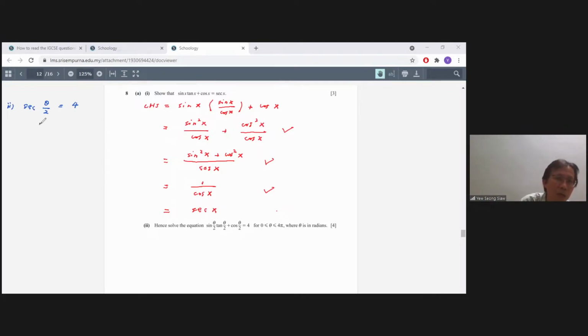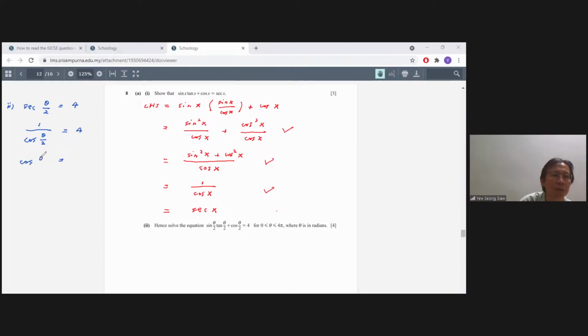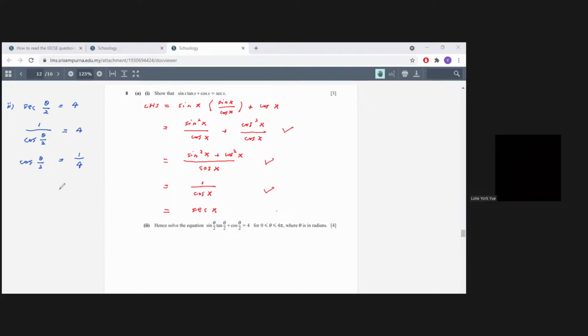Can you write the working first? Cos theta over 2 equals to 1 over 4, moving over becomes 1 over 4. Yes. Next.